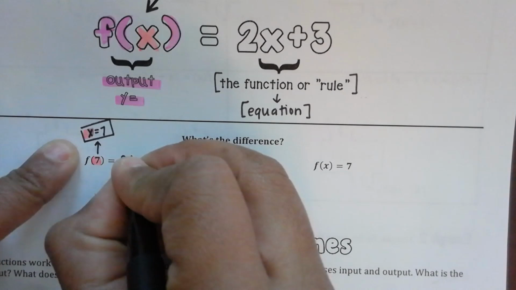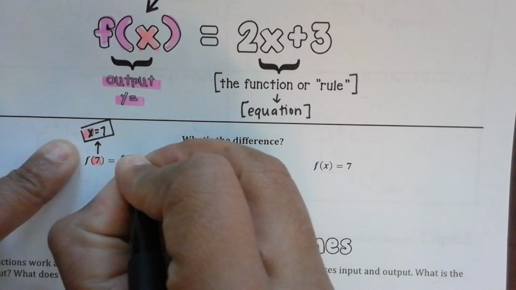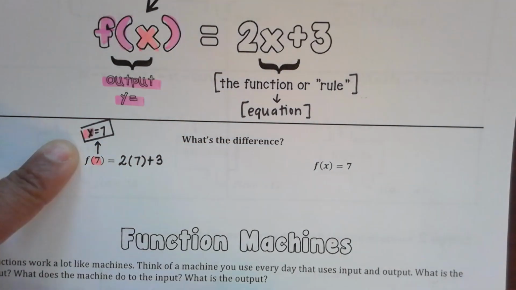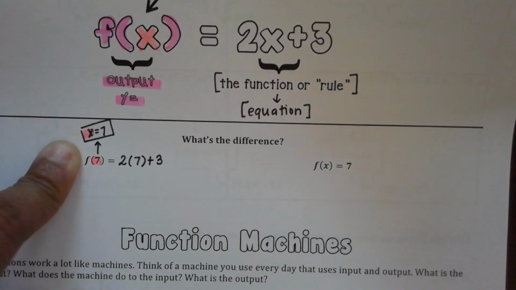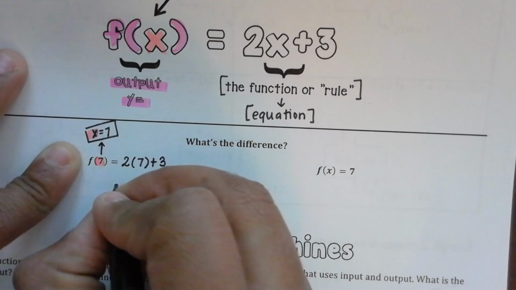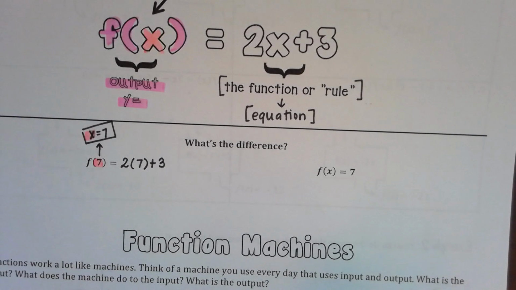And the parentheses, 7 plus 3. Everybody still with me? Okay. So from here, it's just the order of operations to simplify.